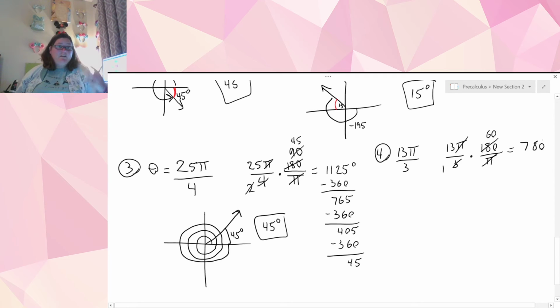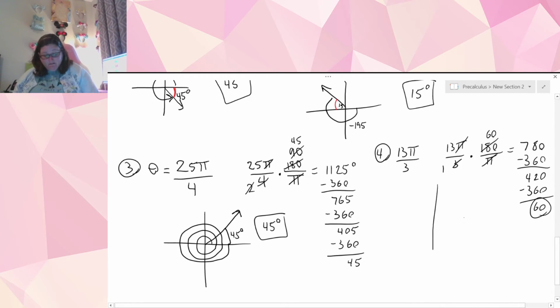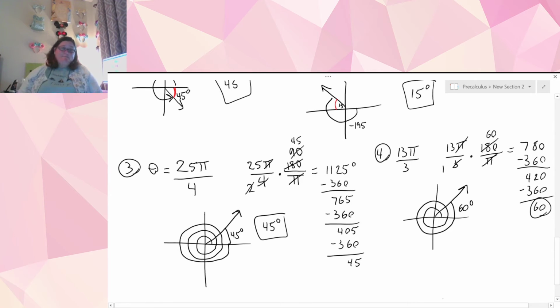Again, 780 makes no sense to me, so I'm going to subtract 360, and I get 420, and subtract 360 again, and I get 60. So 60 is my reference angle, but I'm going to draw it in a picture. We went around twice plus 60 degrees. So my reference angle is 60 degrees.